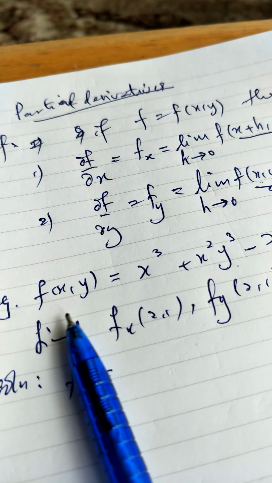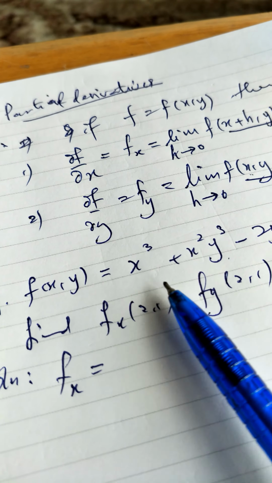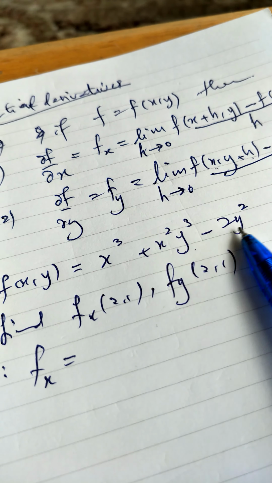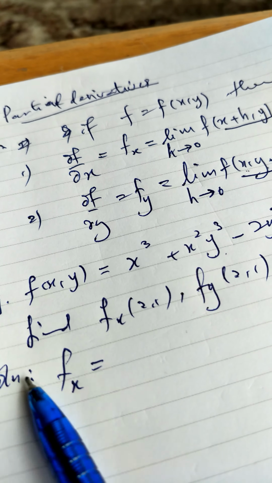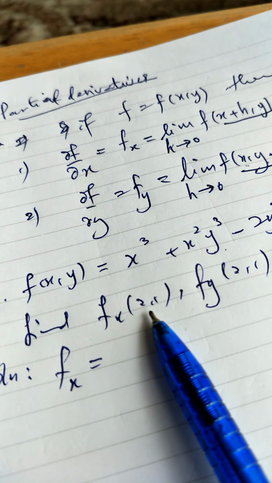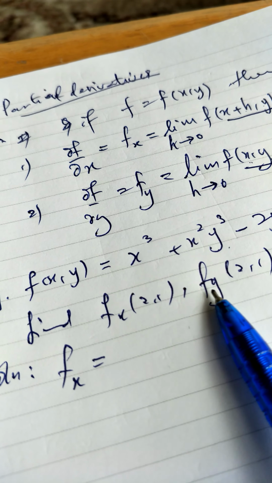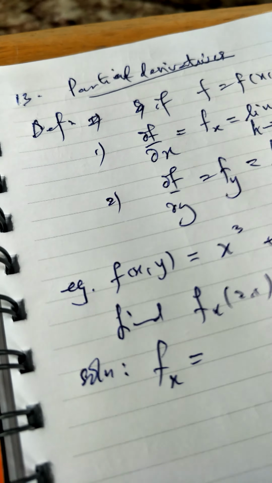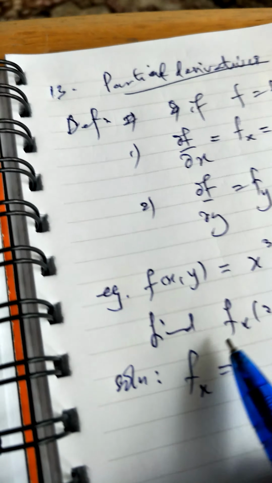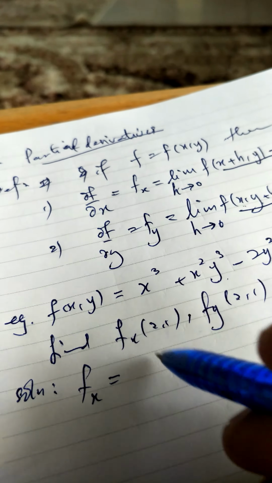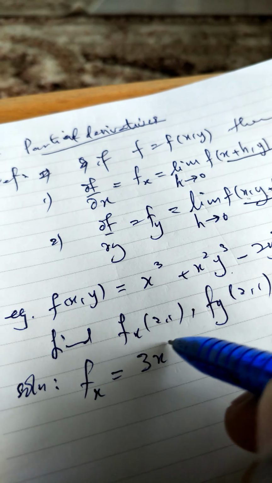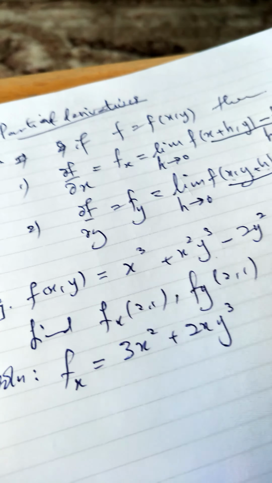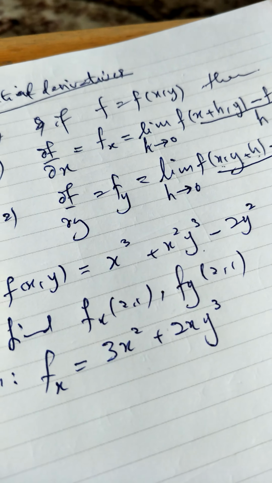Let's say we were given a function x cubed plus x squared y cubed minus 2y squared. So we want to find f x at (2, 1) and f y at (2, 1). So for f x, we have 3x squared plus 2x y cubed, right?